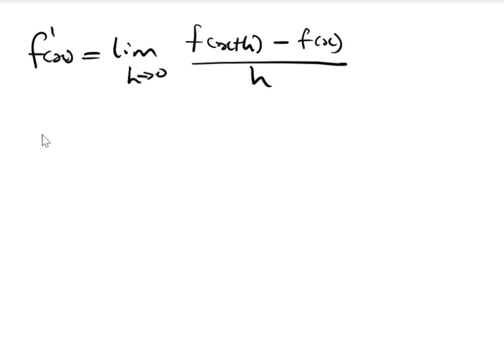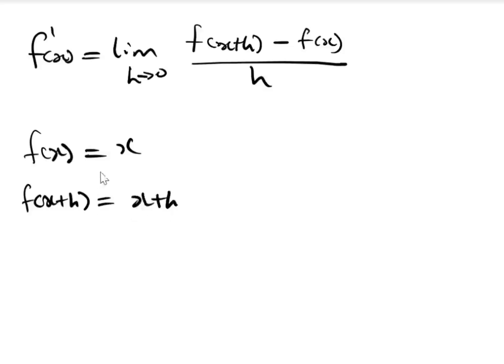Assuming we're given that f of x is equal to x, then we can say that f of x plus h is the same thing as x plus h, which is, anywhere you see x, replace it with x plus h.